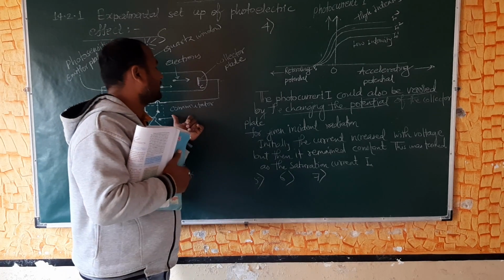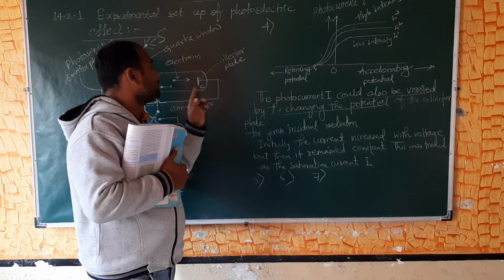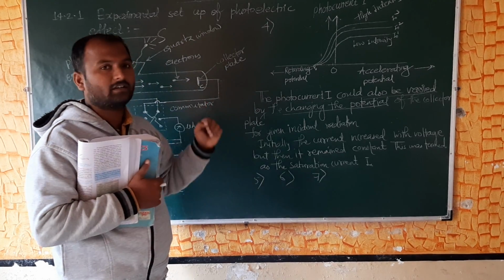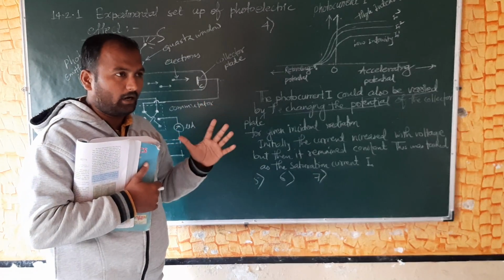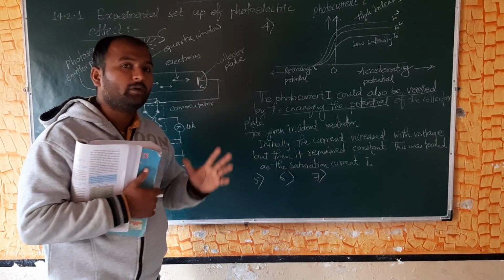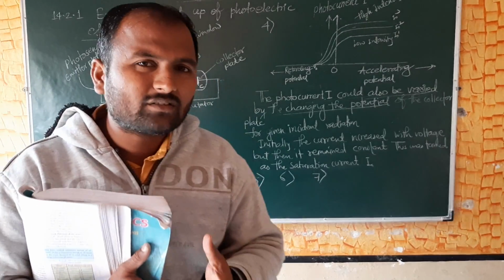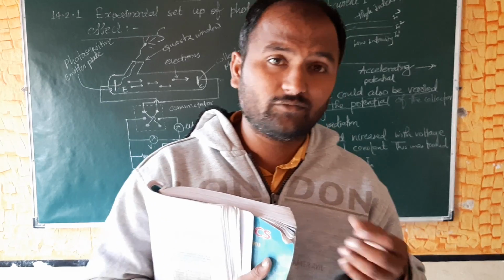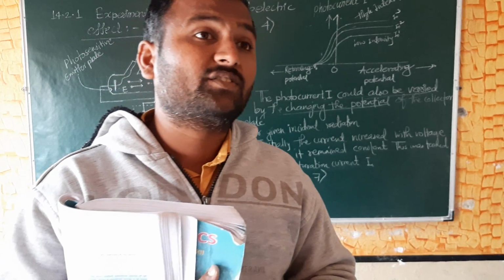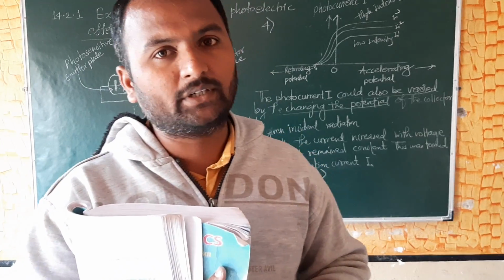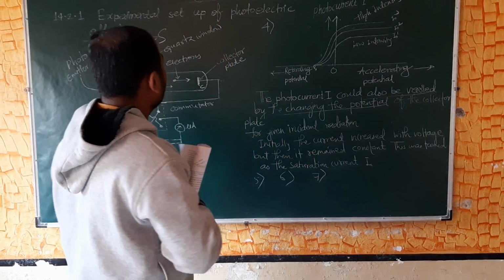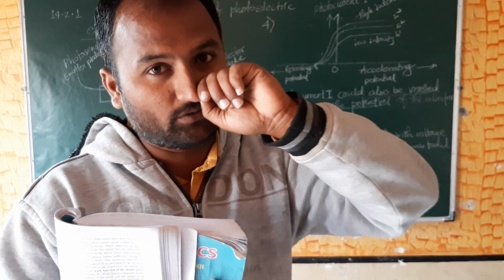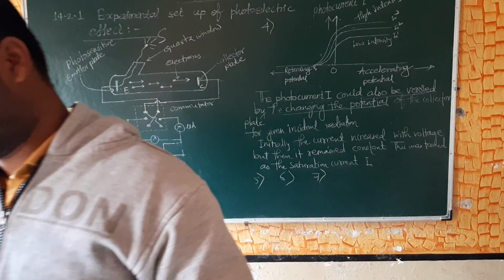With the positive plate, all electrons are absorbed by the collector plate, but when it becomes a negative potential, electrons are not caught by the collector plate, so the electric current will stop. But a certain minimum number of electrons reach the collector plate at a certain retarding potential V naught. So this is the seventh observation.